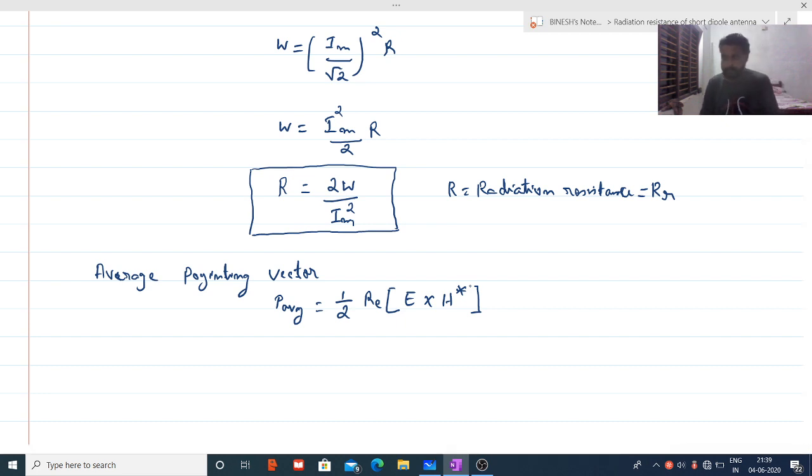So what we will consider, the radius of the antenna is too high. So we will consider only E theta and H phi components will be existing. Normally we have E theta, E phi, ER, and H theta, H phi, and HR. But here we have considered that the radius of the sphere is high compared to the antenna size.